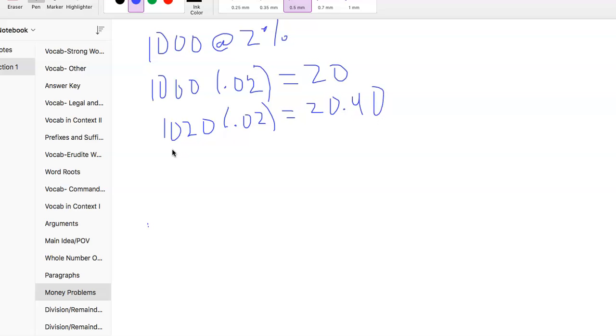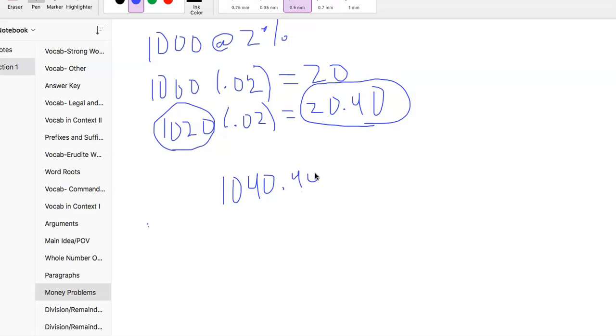Okay, and so if we take this 1,020, which is what we started with in month 2, plus this 20.40, we're left with 1,040.40. Okay, and that is the actual answer, right?